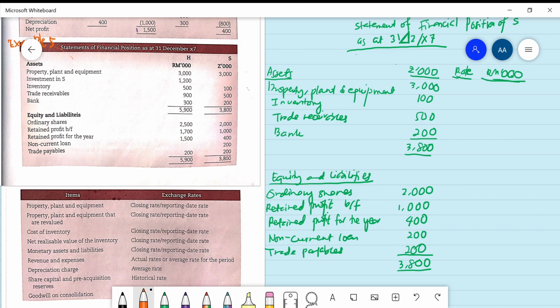So property, Z2 is equivalent to ringgit Malaysia 1. Inventory is also 2. Monetary trade receivables, which is a monetary asset, 2. Bank 2. Ordinary share is at the historical rate when it was first bought. S was bought on the 1st January, so you will be using that rate, which on 1st January is 3.